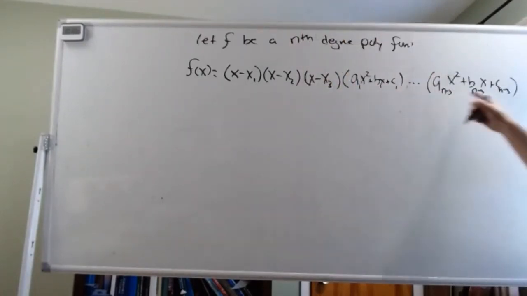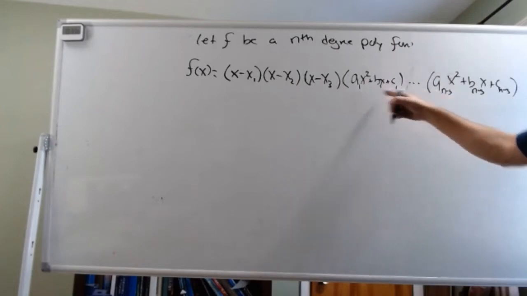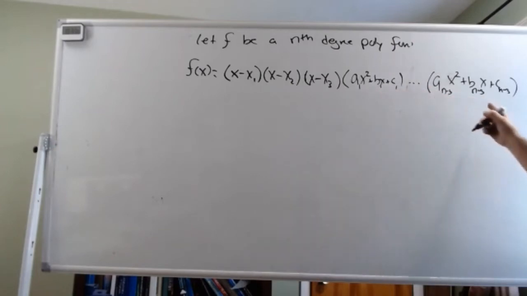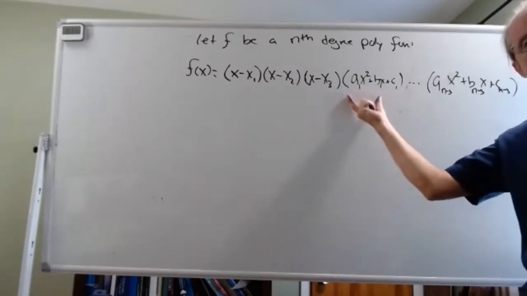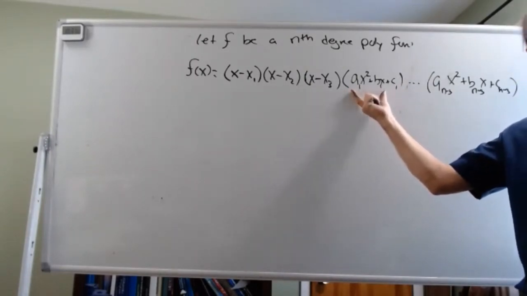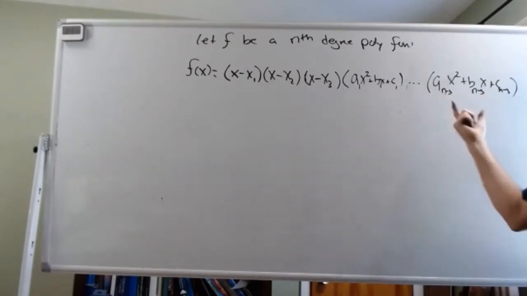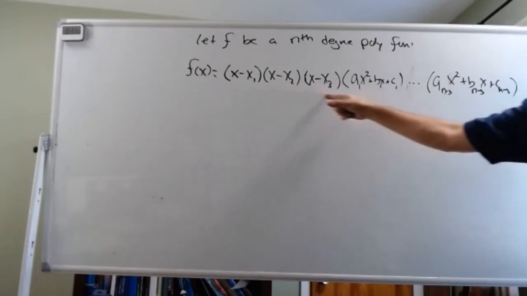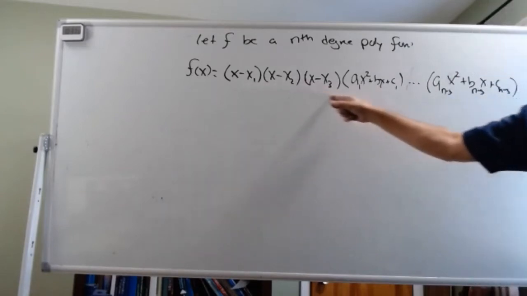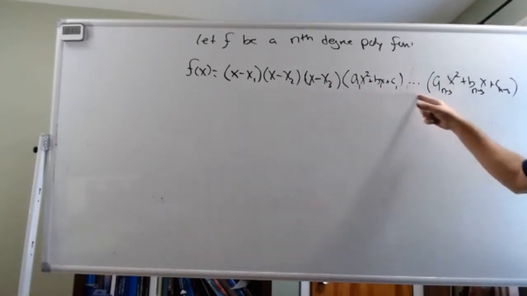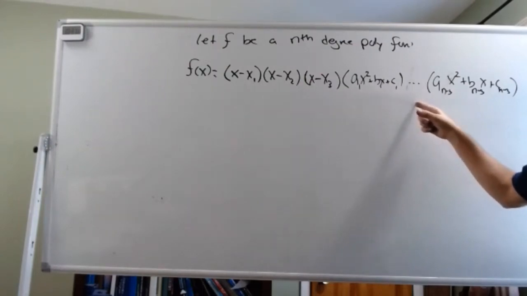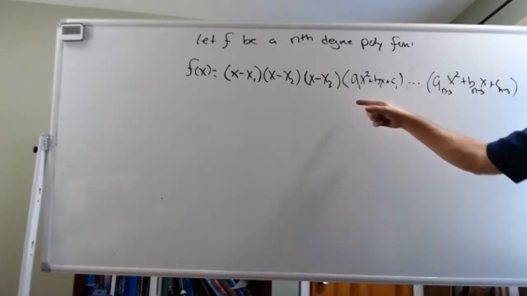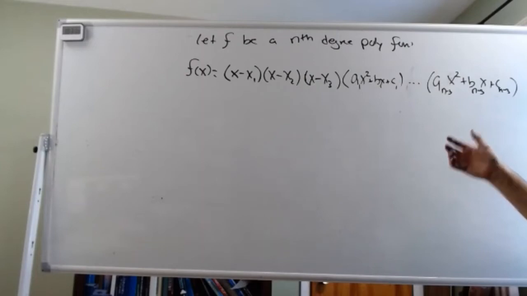All of these, n minus 3 irreducible quadratics, would give me pairs of either conjugate radicals or conjugate complex numbers. But these are my real roots. x1, x2, and x3 are the real zeros. These would be a mixture of real radicals, irrational zeros, as well as complex zeros.